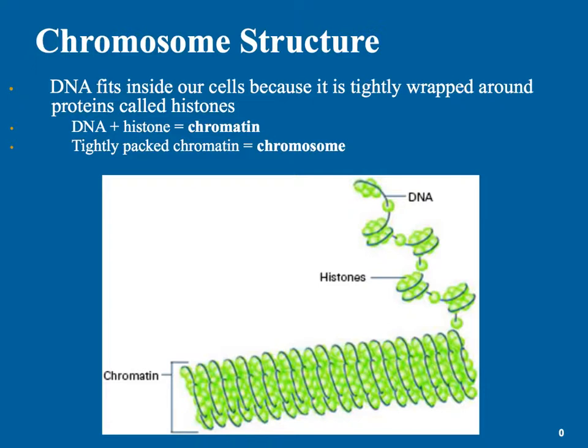So you see the strand of DNA wrapping around these histones, and it coils really tight to form chromatin, and then that chromatin can even coil tight to form the chromosomes that we see during cell division.